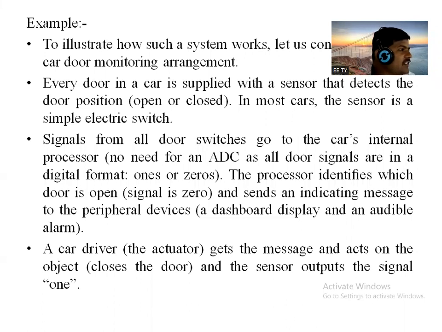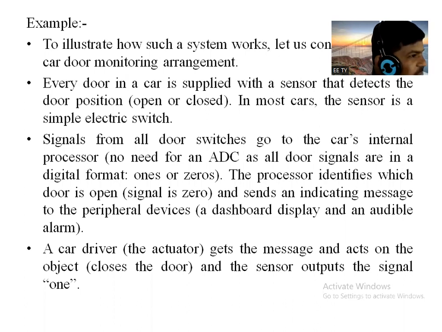At that situation, the computer sends a message to the peripheral device. Suppose in front of the driver there is a display. On that display, or sometimes an alarm is also given, like a peripheral device or some type of indication, that this one door is open.